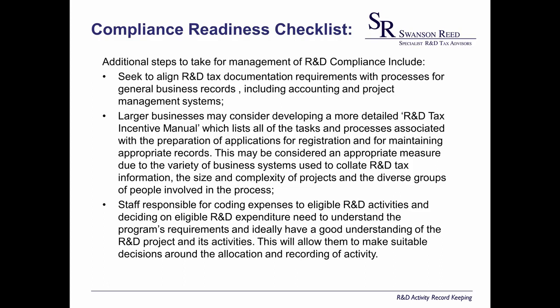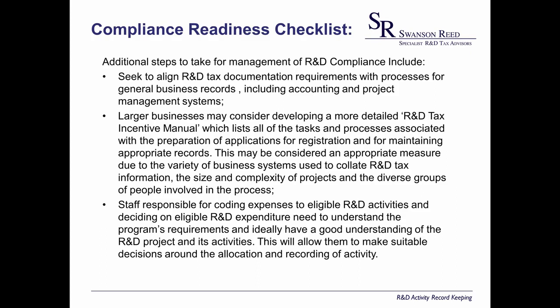Consider developing a process manual which lists all the tasks and processes associated with the preparation of R&D applications and for maintaining appropriate records, and ensure that the staff responsible for allocating expenses to eligible R&D activities understand the program's requirements and have an understanding of the R&D project and its activities.